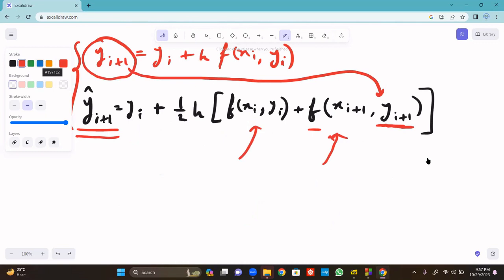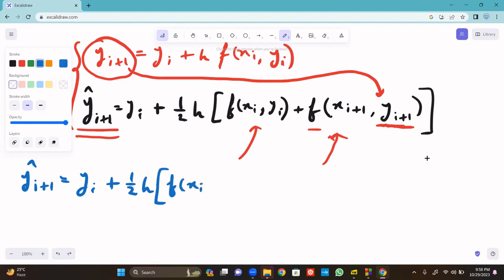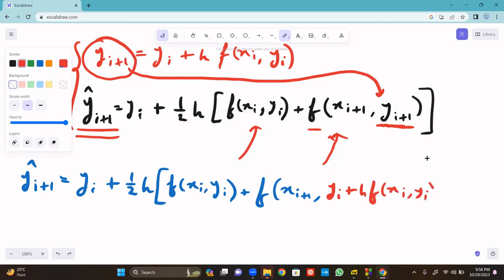Some may prefer this. y i plus 1 equals y i plus half h times f of x i, y i plus f of x i plus 1, and instead of y i plus 1, just write the Euler equation y i plus h f of x i, y i.